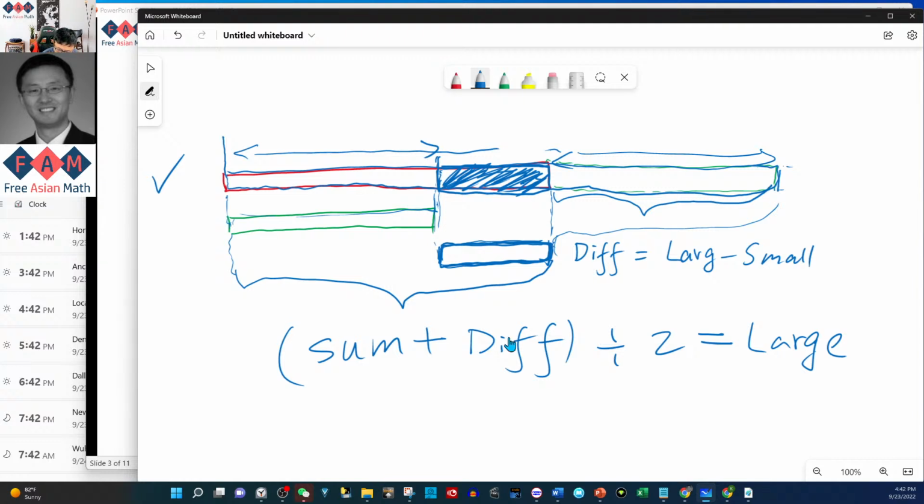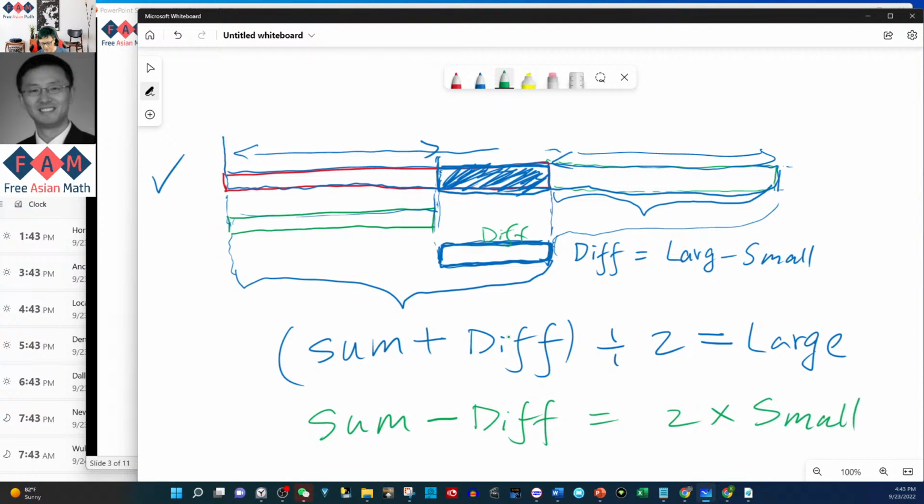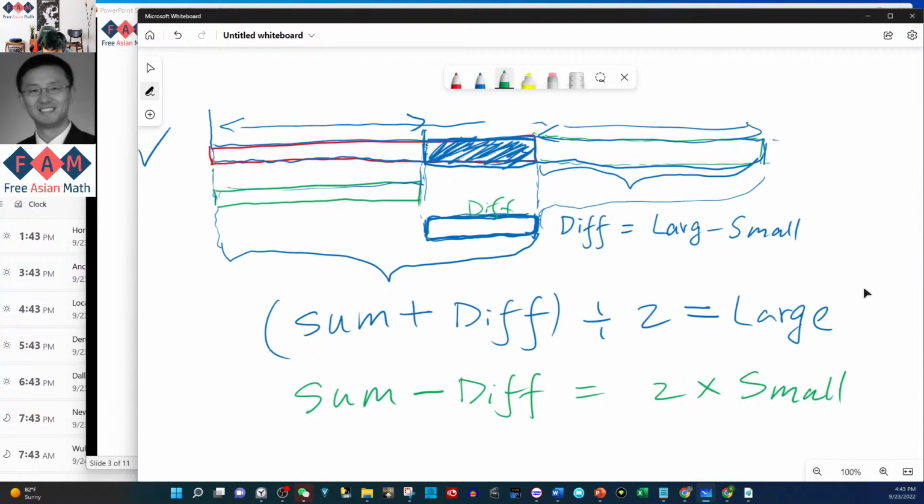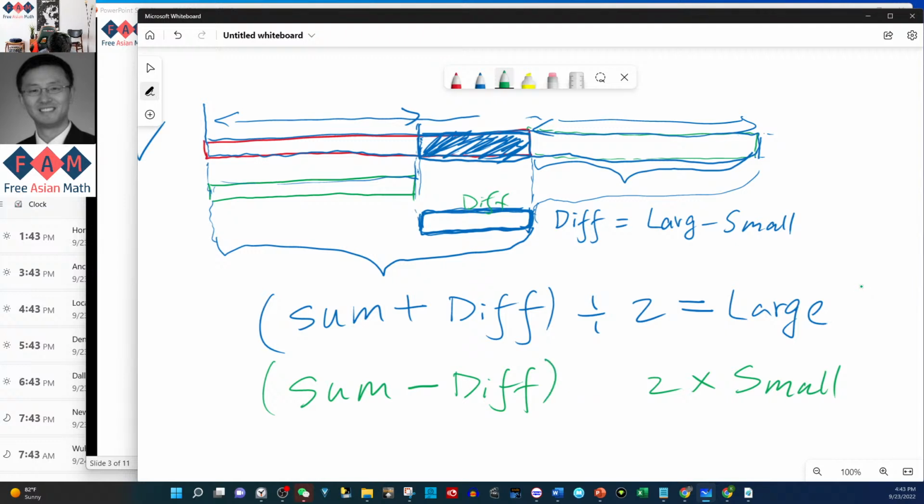In other words, if we have the sum subtracting the difference, which is this one, we will get 2 copies of the shorter or smaller number. So therefore, we get a formula. If we divide by 2 right here, we will get the smaller quantity. So this is a quite straightforward visual explanation of a general formula.